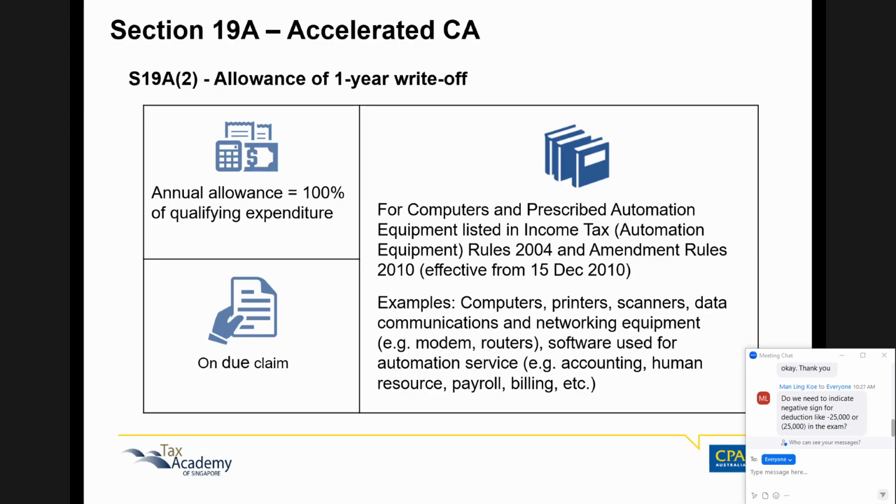You can choose to look at the rules, but for exams, just remember that all this computer stuff, printers, scanners, data communication, your modem, router, software used for automation, accounting, HR, payroll, all this, you can claim under this 100%.